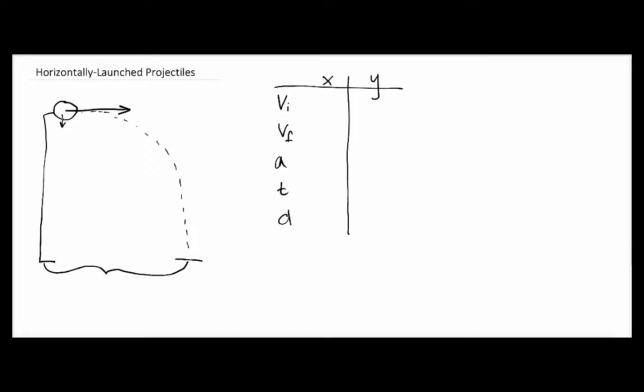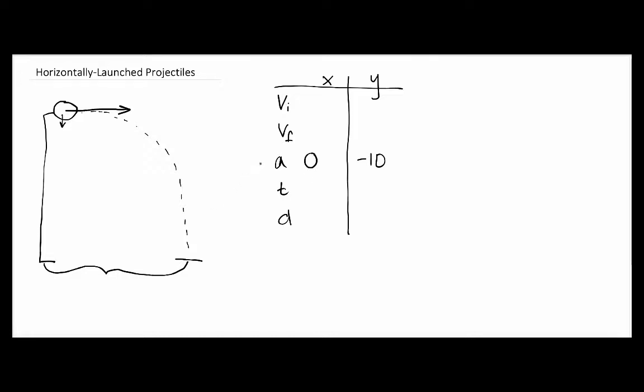The first is that since it's falling because of gravity in the y direction, then the acceleration due to gravity is negative 9.8. We're just going to simplify that with negative 10. So it does have an acceleration in the y direction, but we said that it's going at a constant velocity in the x direction, so that acceleration is going to be 0.